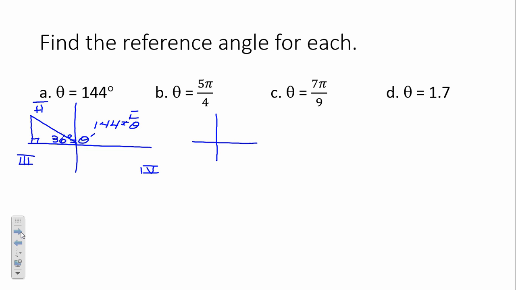Okay. 5 pi over 4. Quick sketch. Pi over 4, 2 pi over 4, 3 pi over 4, 4 pi over 4, 5 pi over 4. Right? We're counting by pi's over 4. Those are going to be easy. It's a pi plus another pi over 4.